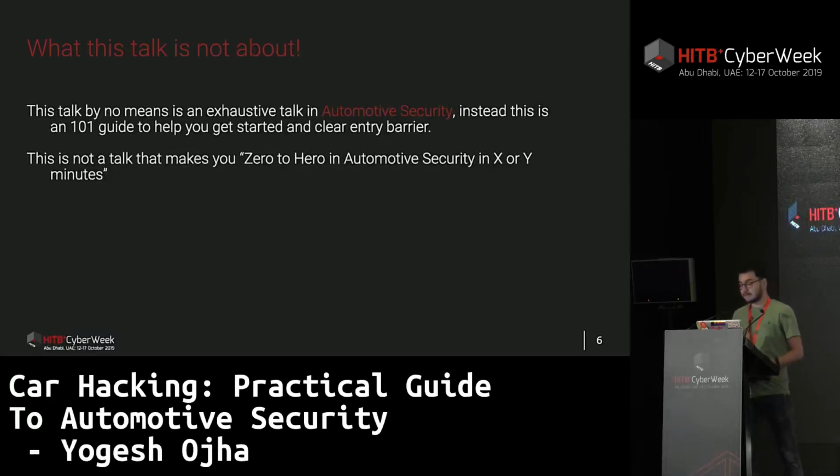Most of the things that I'll be talking about here will only cover the basics of CAN bus exploitation and basics of car hacking. And for beginners, please be advised that this talk doesn't make you a zero to hero in automotive security in X or Y minutes. There's so much to do in car hacking. Even around the CAN bus, you have key fob attacks, you have attacks on infotainment systems, Bluetooth attacks, and all these sorts of attacks.